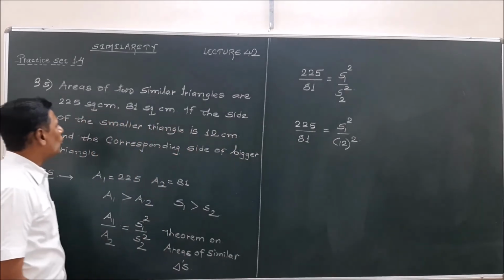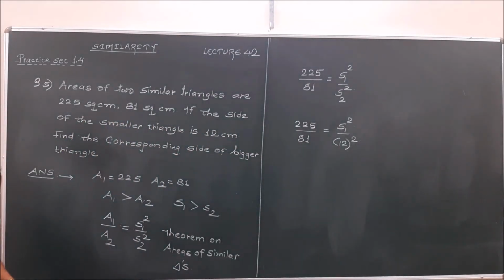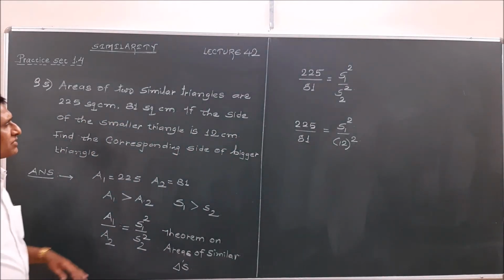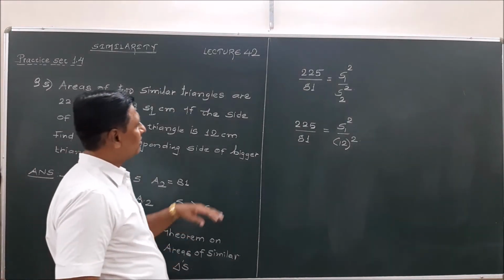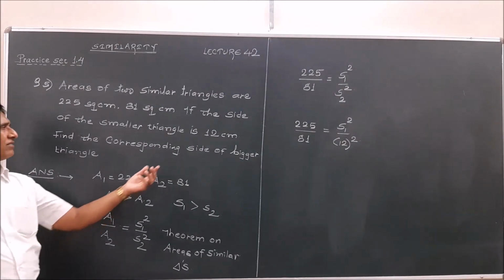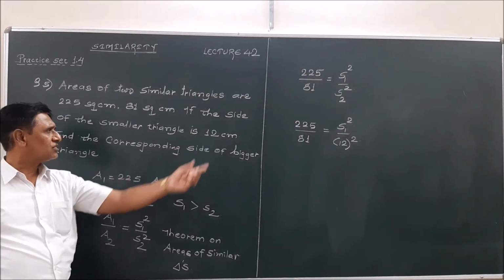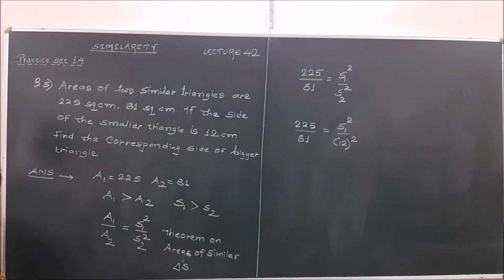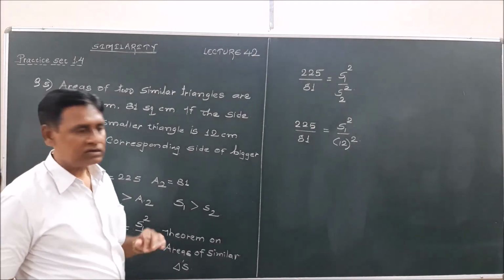Area is proportional to the square of corresponding sides. So 225 upon 81 is equal to S1 square upon S2 square, and we have taken this S2 as 12, which is side of the smaller triangle.